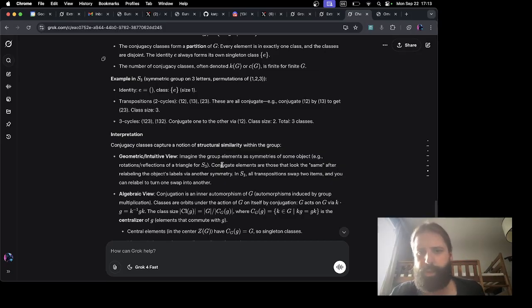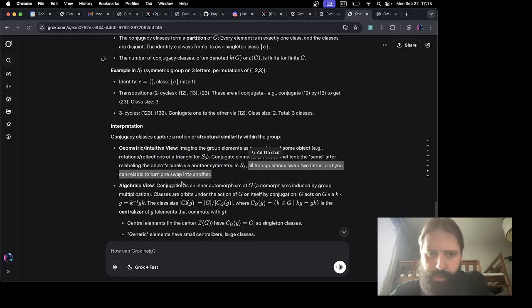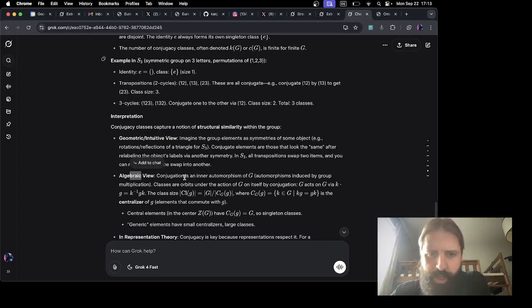Conjugate elements are those that look the same after relabeling the object's labels to another symmetry. Okay. Yeah, that is also an interesting way to see this. That's the intuition view. The algebraic view is an inner automorphism. Classes are orbits under the action of G.